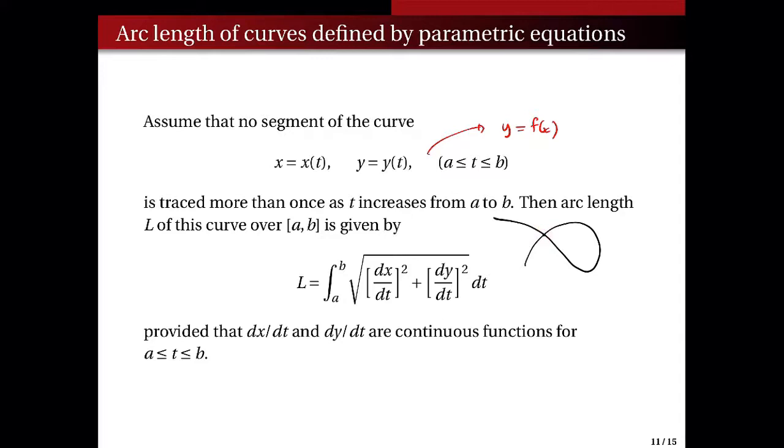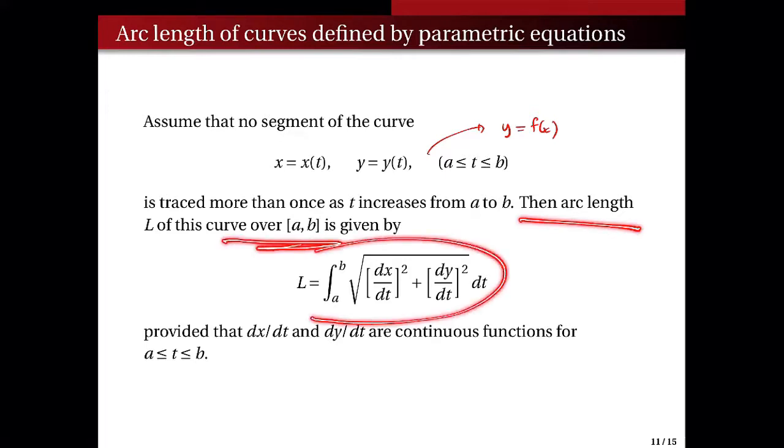We don't want overlapping curves on more than one point, on consecutive points, like on an interval. So if this is the case, we can still compute the arc length, and it's given by this formula.